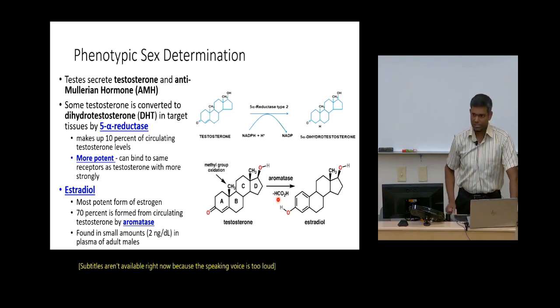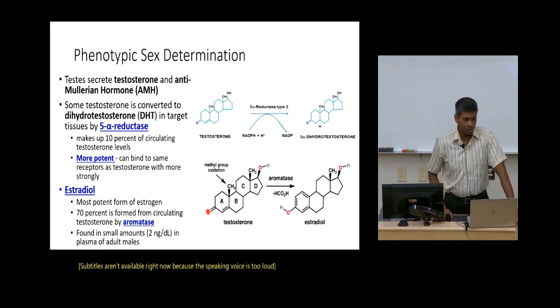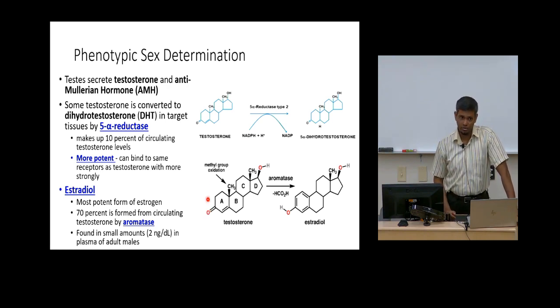And we find that estradiol is found in small amounts, 2 nanograms per deciliter, and you may be wondering, what is estradiol doing in males, right? It's actually pretty important. It's necessary for the sex drive, for spermatogenesis, and also for maintaining an erection. Estradiol is important. So if you don't have estrogen produced in males, that male could be impotent.